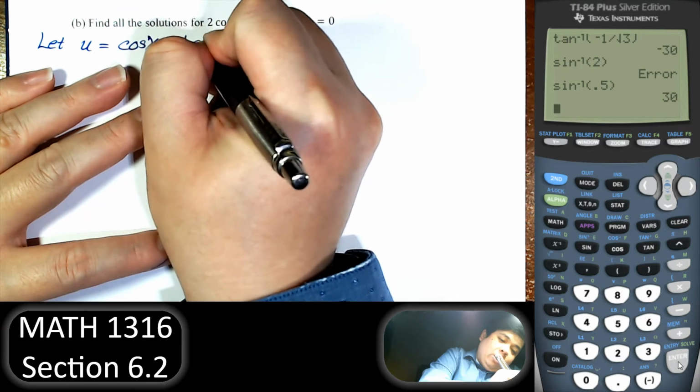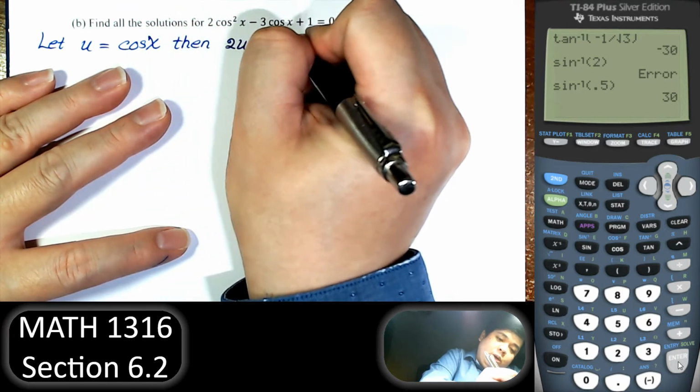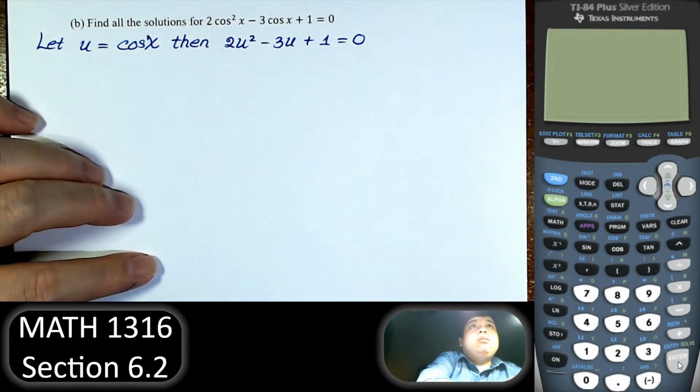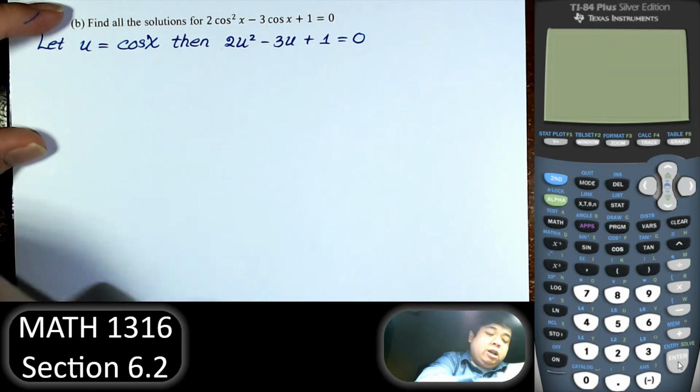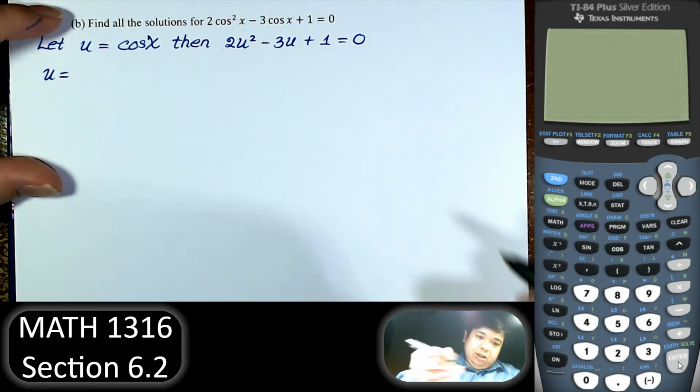So we'll rewrite the equation in terms of u. 2u squared minus 3u plus 1 equal to 0. Right? Have to make that substitution. And then we can use the quadratic formula.